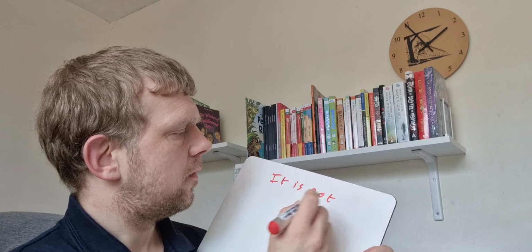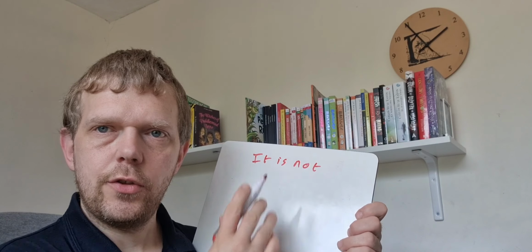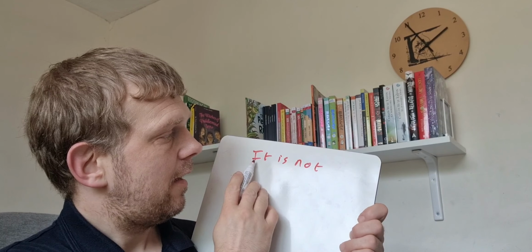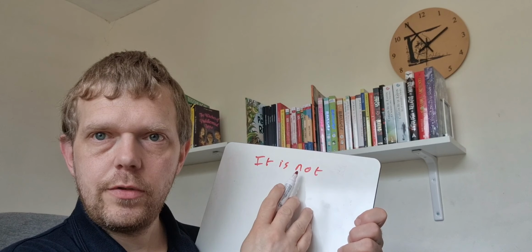In some sentences, there may be an option to contract one pair of words or another pair of words. So, for example, we could say, it is not. We can contract it and is to make it's, or we can contract is and not to make isn't. What we can't do is contract them both. We can only contract one pair.